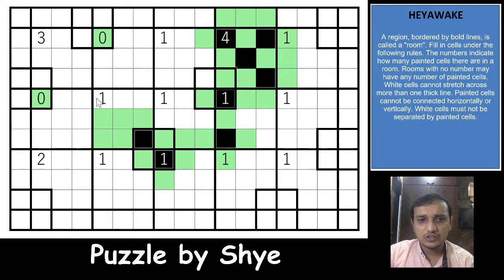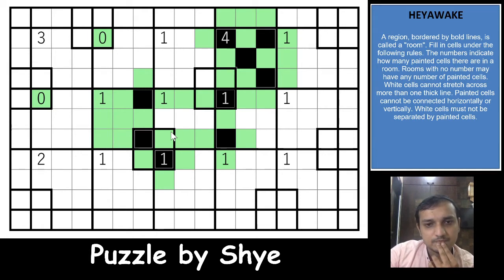We already deduced one of the 5 cells will be shaded, and that has come down to one of these 3 cells, so both of these cells are unshaded. Nice. And now this would have to be shaded. If you unshade this cell, you will have white cells crossing more than 1 thick border. Okay.